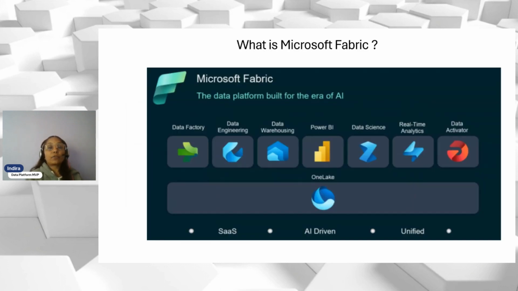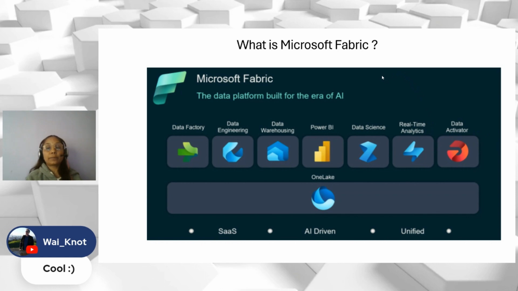If you look at the architecture of Fabric, you have this OneLake. The concept of oneness is fundamental to this platform. With Fabric, there will be one shared compute cost per capacity and one shared governance model across all the products: data factory, data engineering, data warehouse, Power BI, data science, real-time analytics, and data activator.